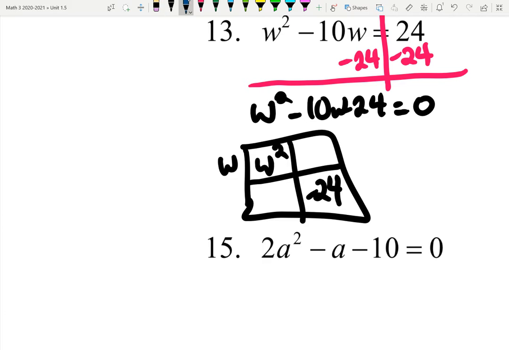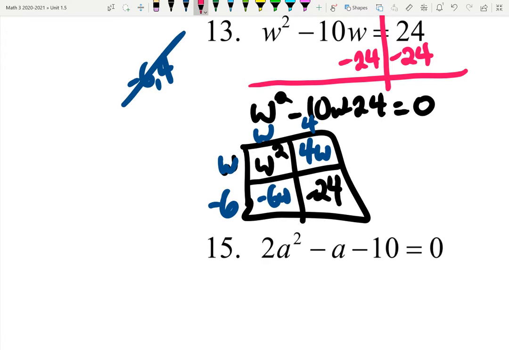I know that w times w will result in w squared. I know negative 6 times 4 will be negative 24. When I multiply it though, notice how negative 6w and 4w almost make negative 10w. They were kind of the right numbers, but it's still not the same. So I'm going to make sure that I write out that I tested it, but I'm going to have to try another factor pair.